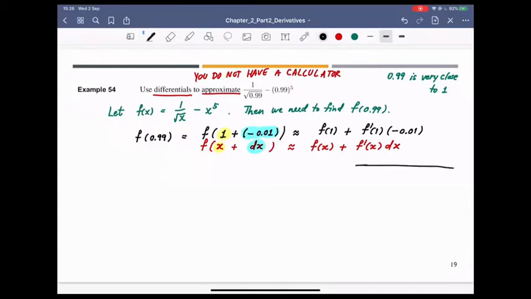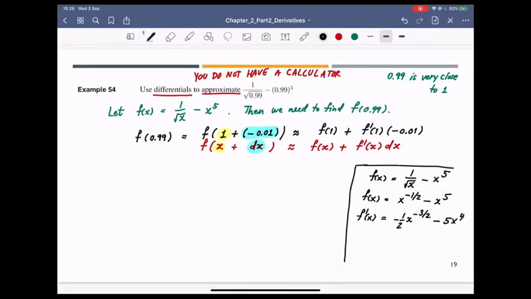So I'm going to make a note here. I have f(x) equal to 1 over square root x minus x to the 5th power, which is x to the negative 1/2 minus x to the 5th power. If I differentiate one time, I get negative 1/2 x to the negative 3 over 2, and then minus 5x to the 4th power. If I compute f prime(1), I have negative 1/2 times 1 minus 5 times 1, so f prime(1) is negative 11 over 2.